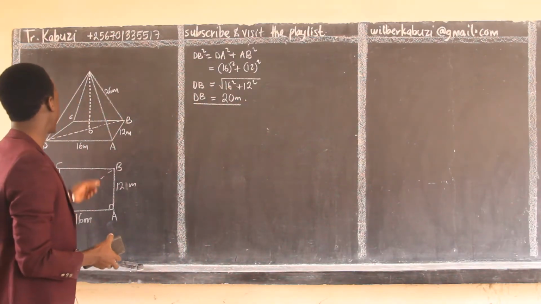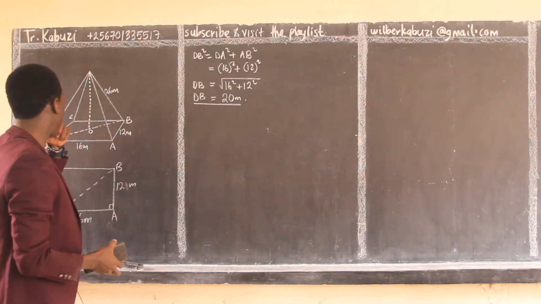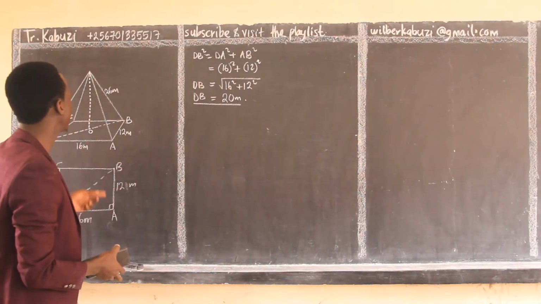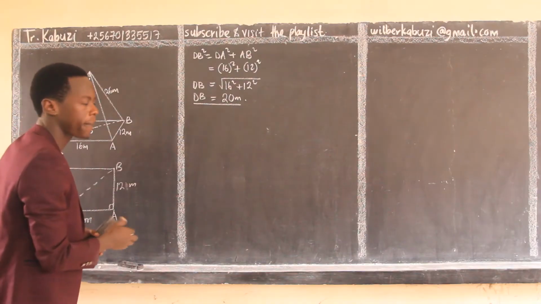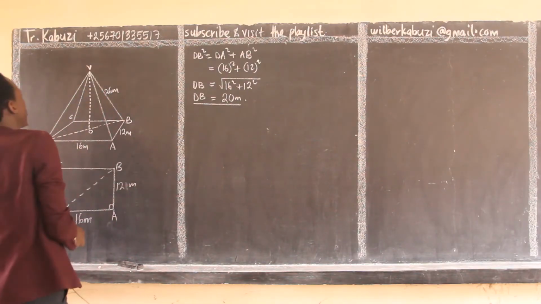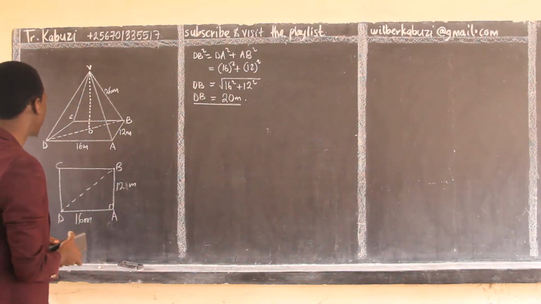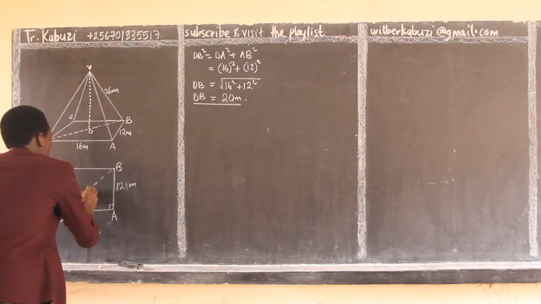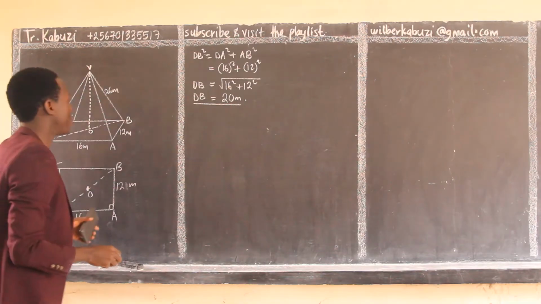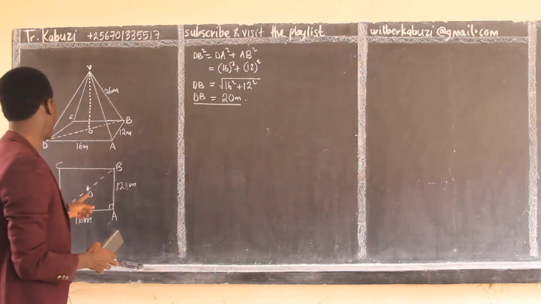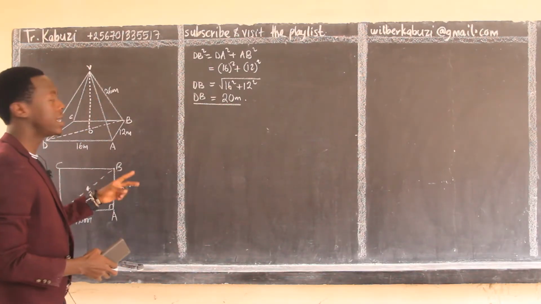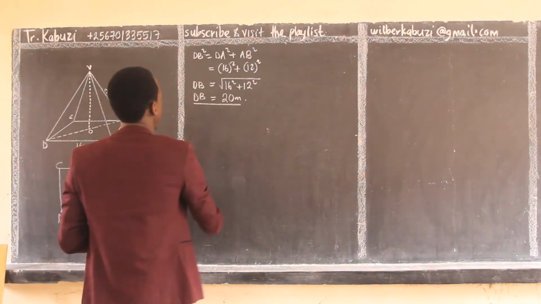They also want me to get the height of the pyramid. Remember, this is our V, so I'm going to use the triangle VOB. At O, it means that O is in the center, so it's going to divide this line into 2.